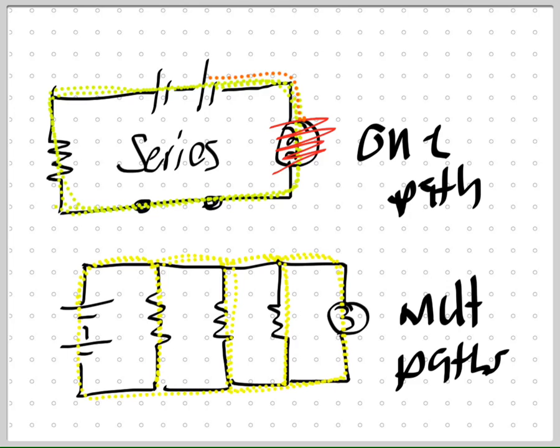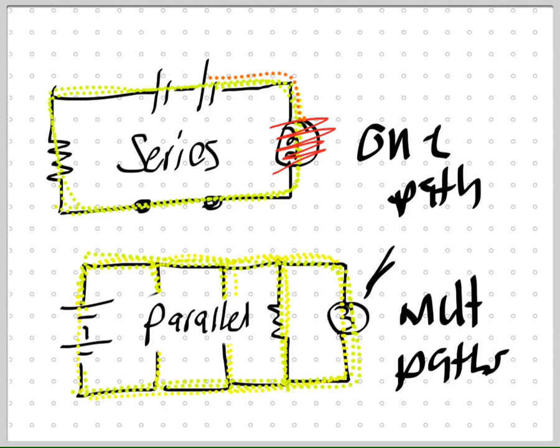In the event that something happens, like let's say one of the resistors breaks, or both of those break, you still will be able to have power flow all the way around. It still won't stop. This light bulb right here will still be lit because power is still able to flow. That's the difference between a series and a parallel.